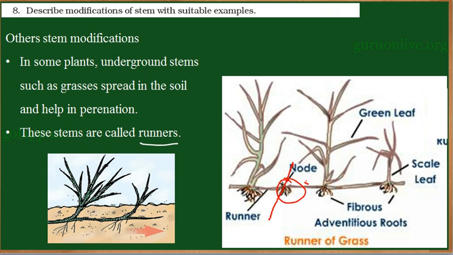When the runners are cut off, each plant can grow individually. So they also help in vegetative propagation. So runners are modified stems. They grow under the soil. They help in penetration and they connect one plant to another. They have fibrous or adventitious roots which help them to grow when the runners are cut off.